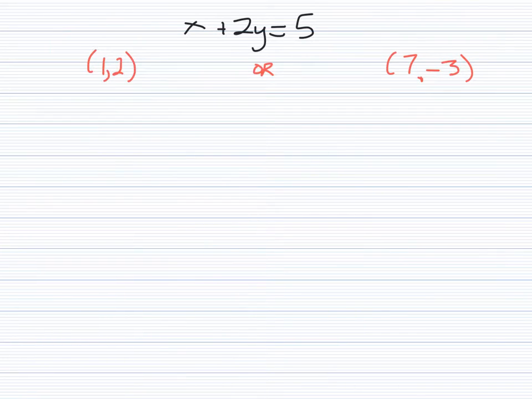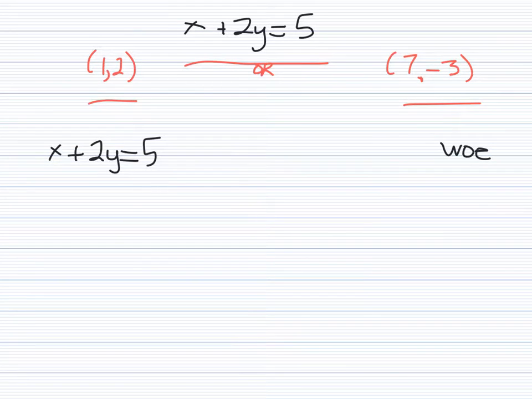So we're going to try to determine whether the ordered pair 1, 2, or 7 and negative 3, is a solution to my equation of x plus 2y equals 5. So I write the original equation down, and now I'm going to insert the 1 for the x.